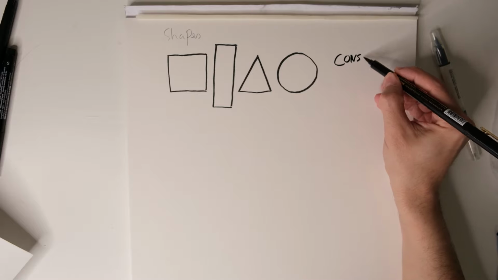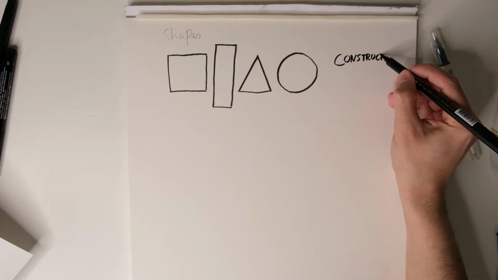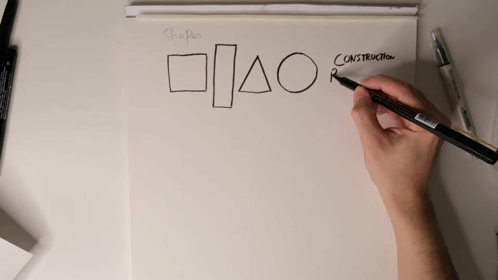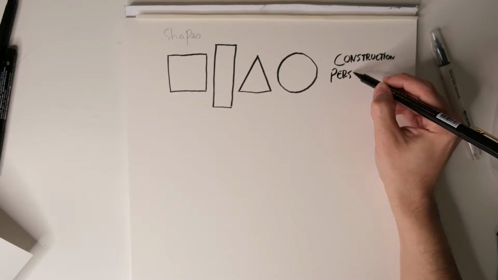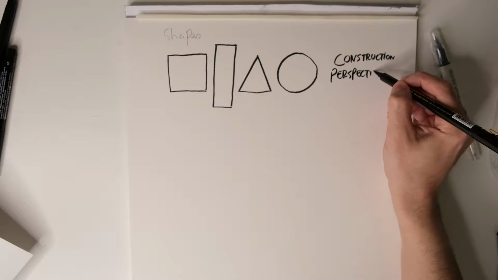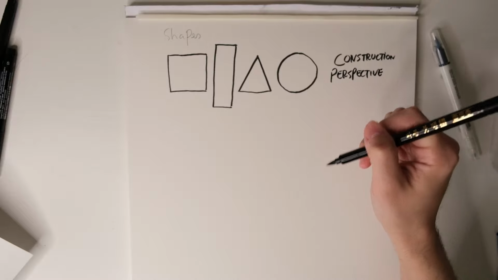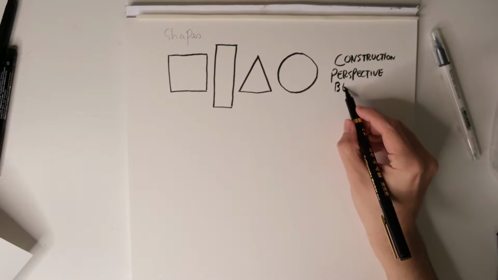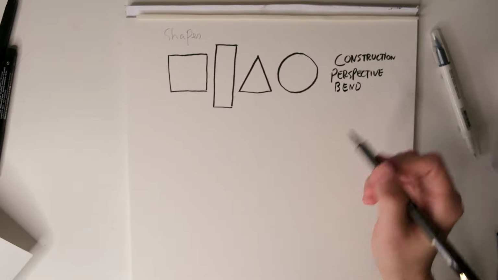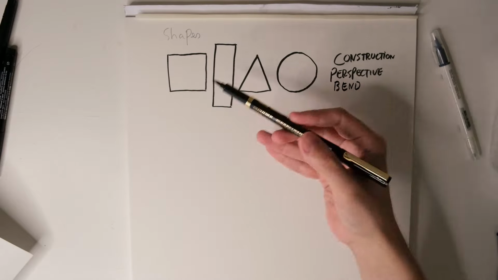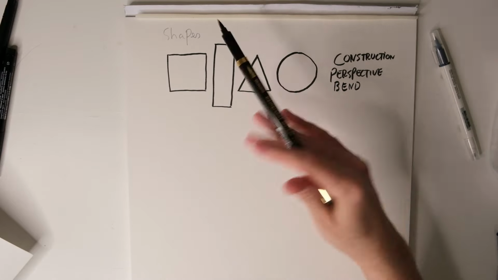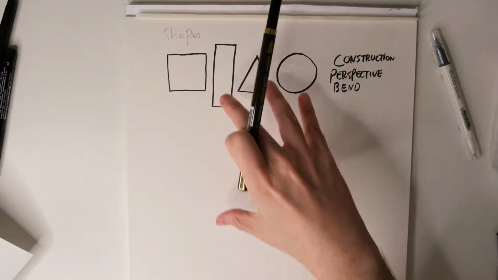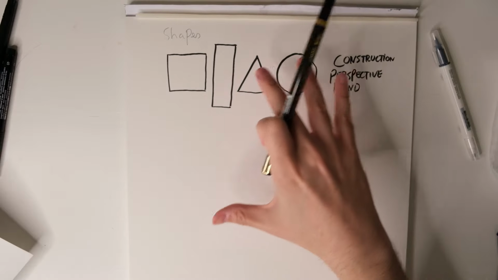Construction, and perspective. And also the fact that the shapes themselves can bend. By construction, what I mean is that every single thing is made up of a construct of these shapes.